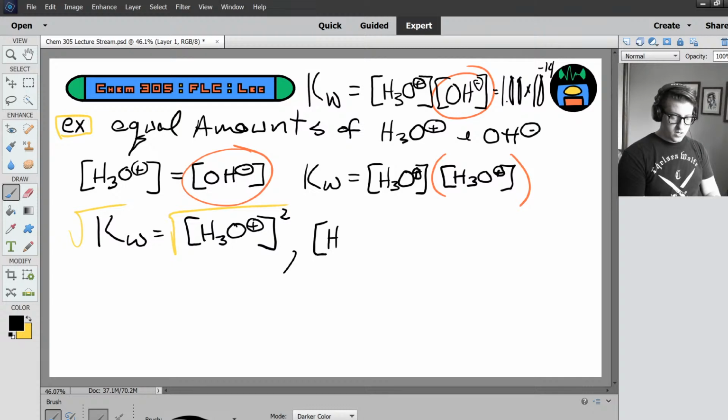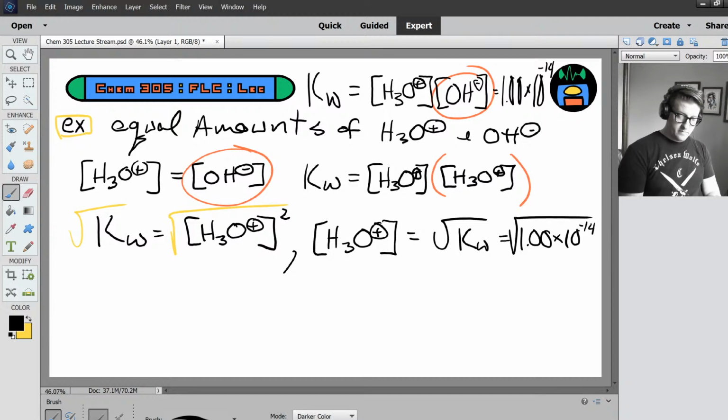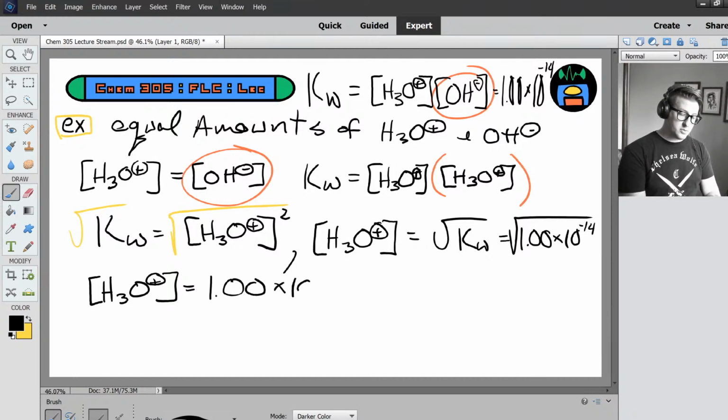So our concentration of hydronium is equal to the square root of 1.00 times 10 to the negative 14. When you punch this into your calculators, you're going to get that when the hydronium concentration and hydroxide concentration are equal to each other, the molarity of hydronium will be 1.00 times 10 to the negative 7.